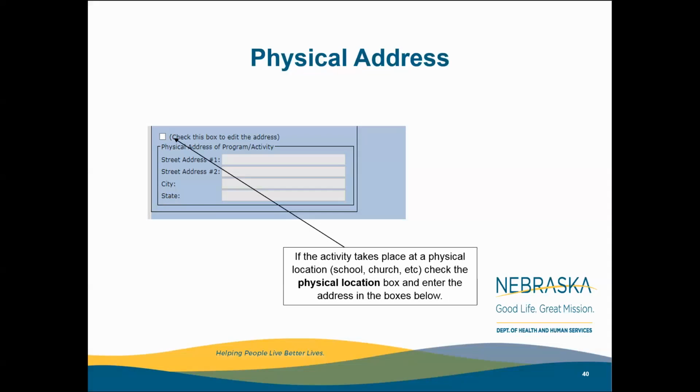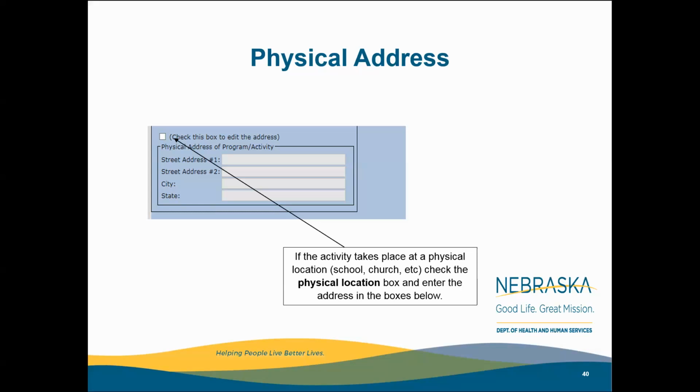Okay, so for physical address, if you did not serve an entire county or an entire zip code, or really if all you did was have an activity that took place at one specific location, then instead of putting in zip codes, you would check this box and just enter the physical address of the place that your activity took place.